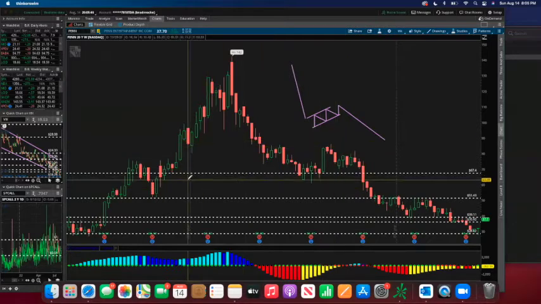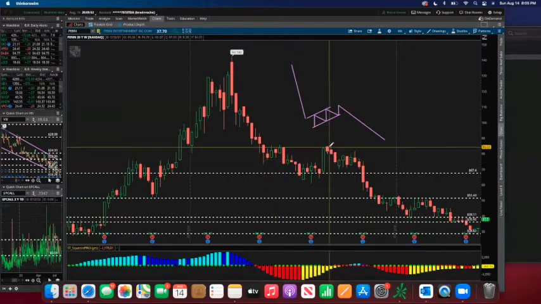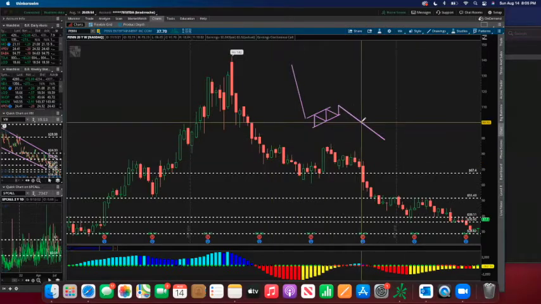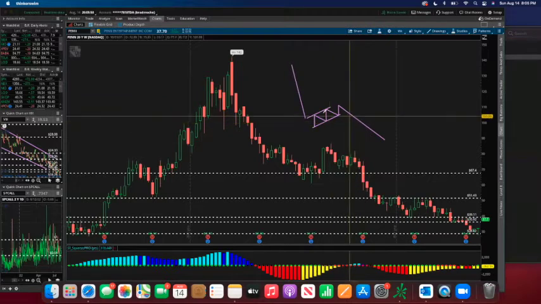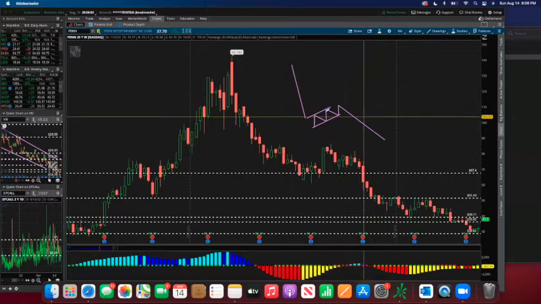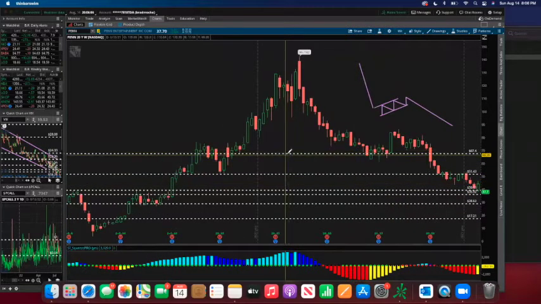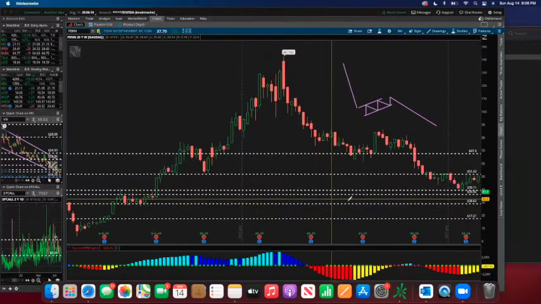But all in all, we've gone over support and resistance. If you guys haven't seen those videos previously, make sure that you go and watch those, because all of these patterns are almost invalid if you don't have levels that you're trading based off of. So all of these patterns need to be with a support and resistance level, the horizontal lines that are on the chart.